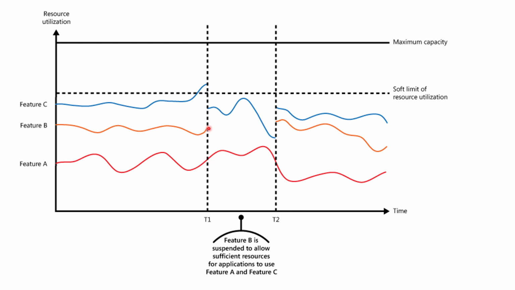This is to allow our system to continue the execution of other essential services, in this case service A and service C. And when our resource utilization gets back to normal again, we will start the execution of feature B again. This is what we mean by deferring the execution of a certain non-essential operation for a period of time.